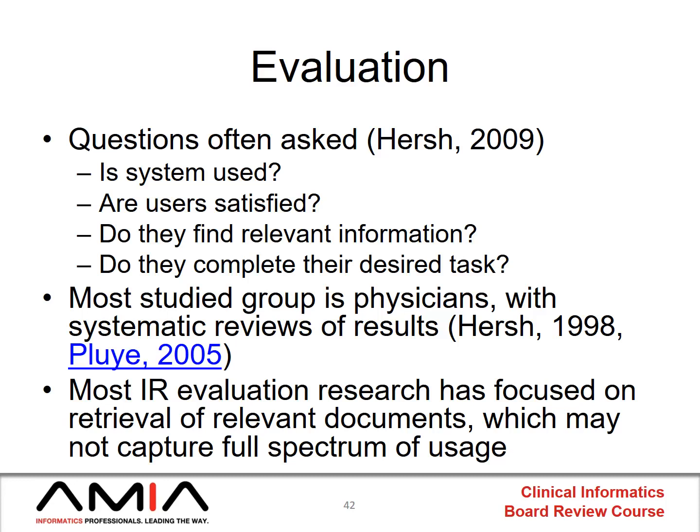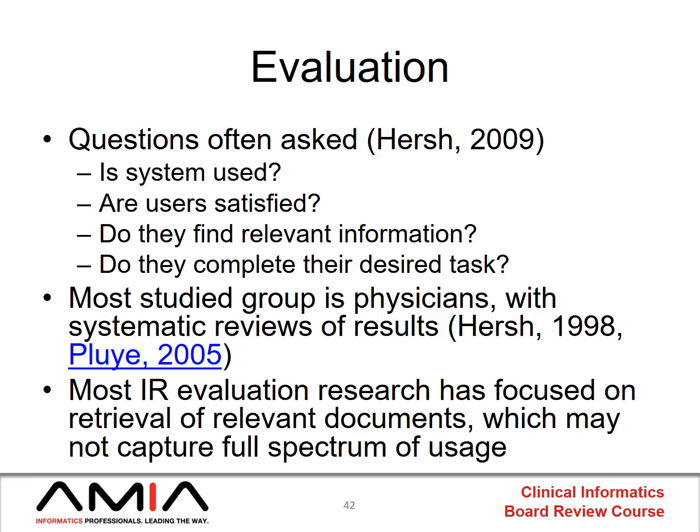There are many groups that have been studied with evaluation research of information retrieval. Probably the most studied group is physicians, and there actually have been some systematic reviews published in this area. Of the questions listed, the most common approach to evaluation is focused on do they retrieve relevant information.